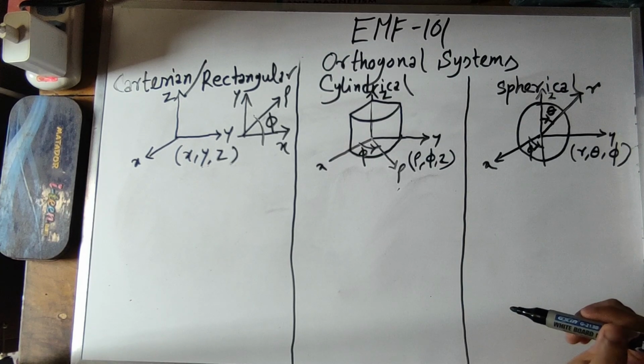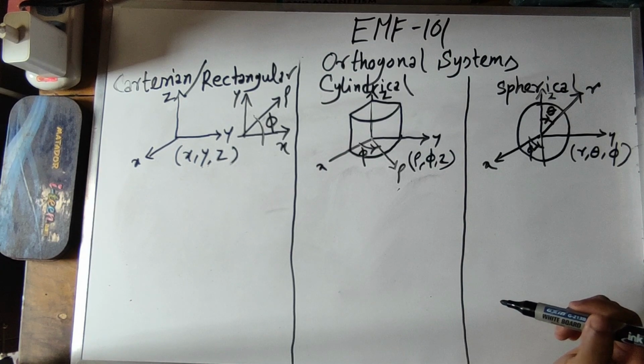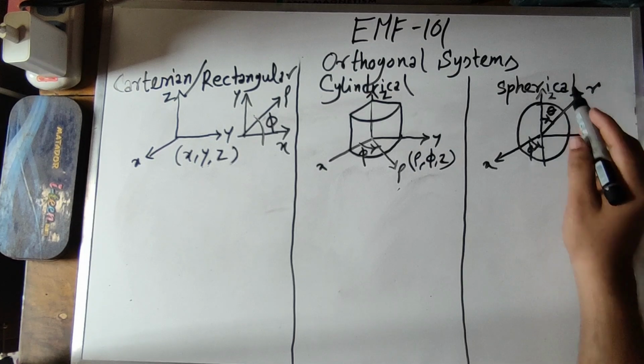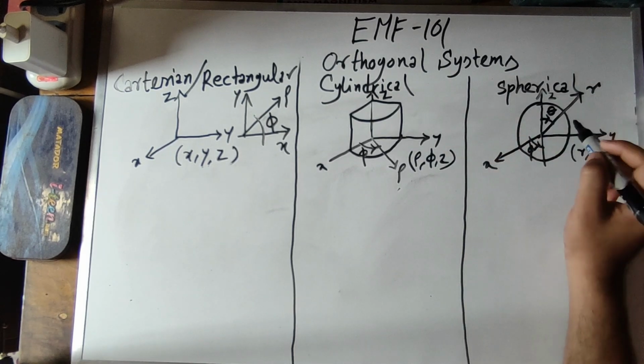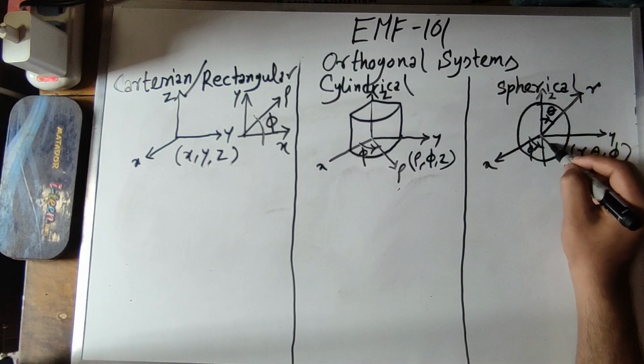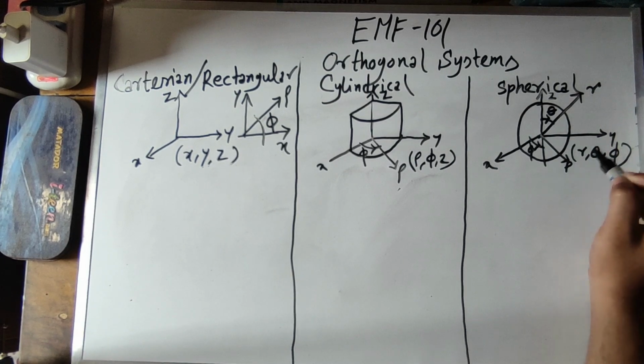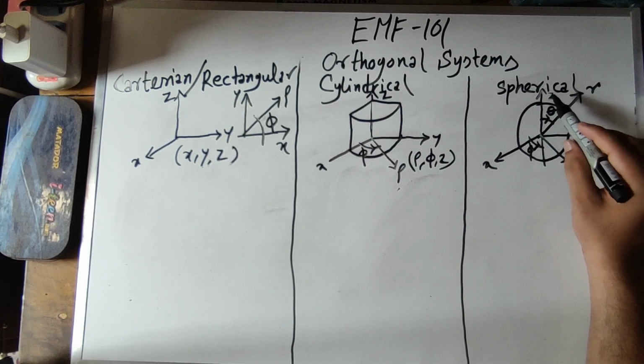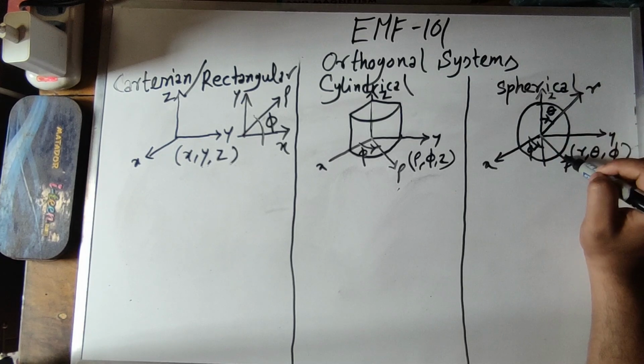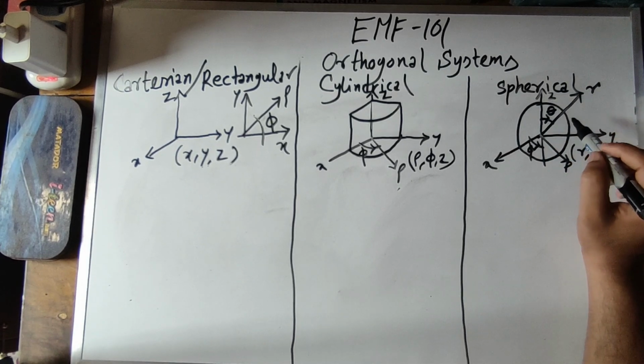Okay, and here r is totally on the z and rho surface.